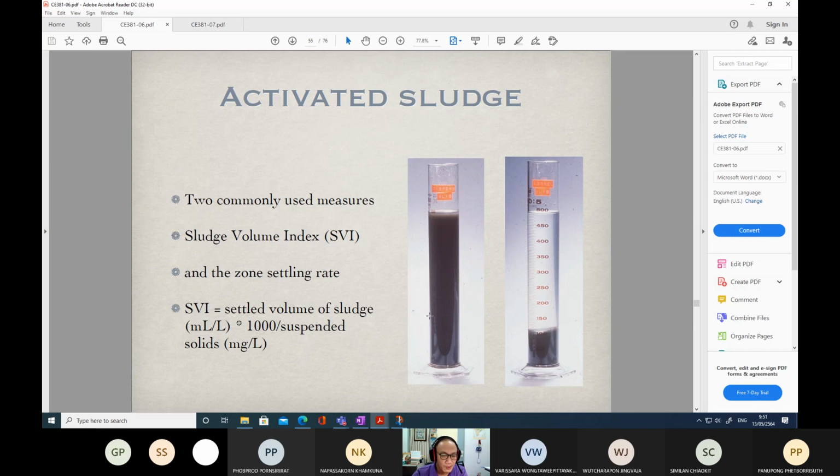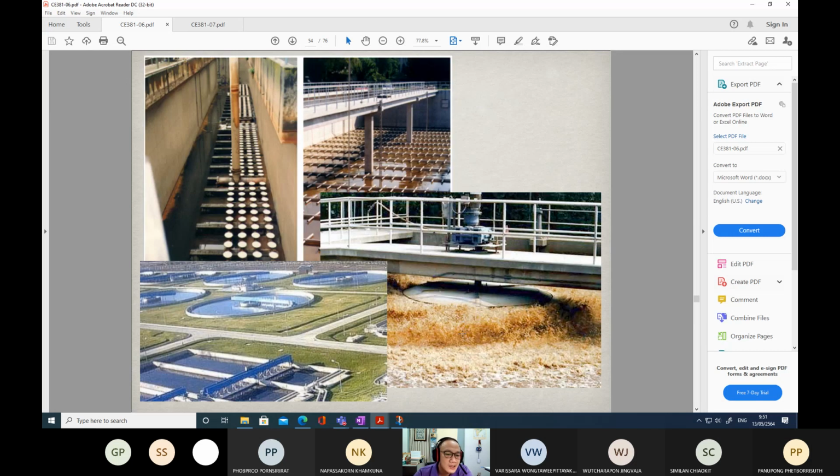So for wastewater treatment plants, we also use these concepts. We provide the oxygen. We conduct the degradation reactions in the reactor, especially if we use the aerobic system of the reactors. We normally provide the oxygen.